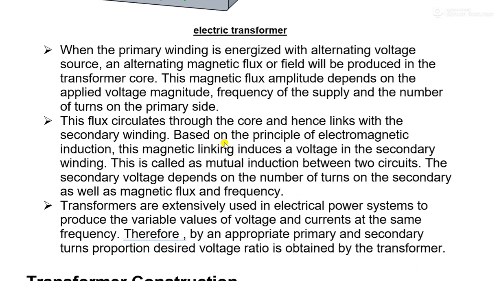The amplitude of this flux depends upon the applied voltage magnitude, also the frequency of supply. We know the supply frequency is a constant 50 Hz if you are using a 230 volt single phase AC, and also the number of turns of the primary side.